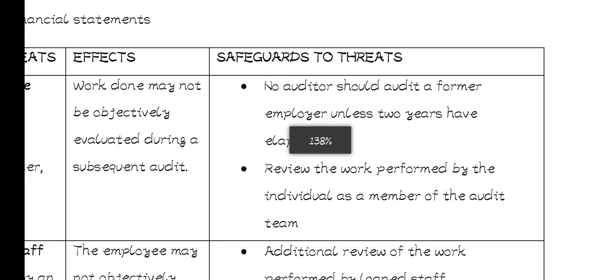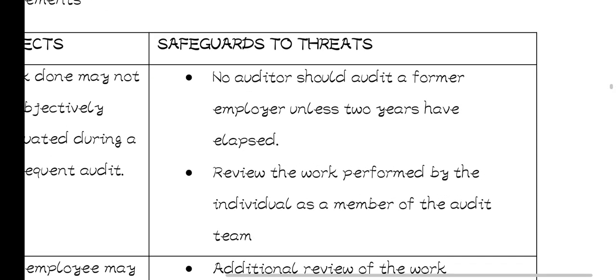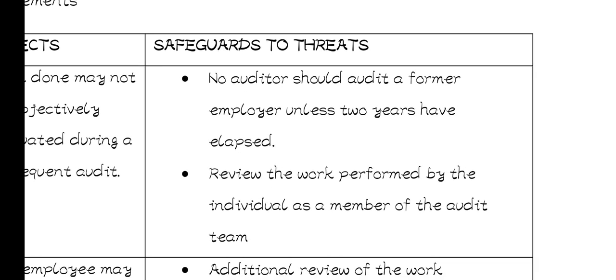So the safeguard here, like how you can avoid it, is that no auditor should audit a former employer unless 2 years have elapsed. So if it is 6 months, 1 year, 1 year and a half, you're not allowed to audit your former employer. So that person is not supposed to be on the team.